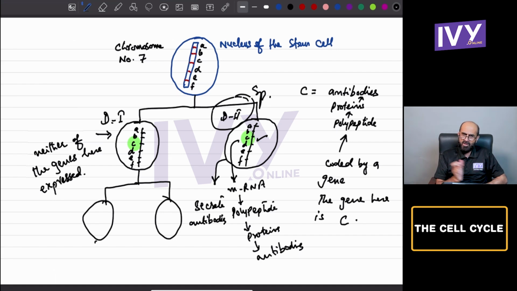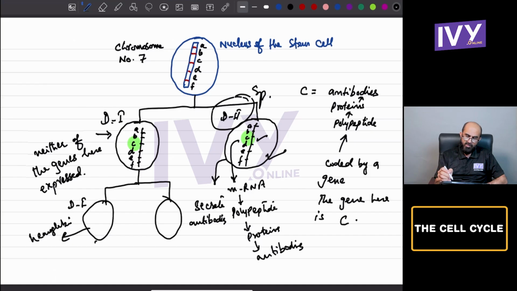On one side, the number of cells is increasing, and on the other, the function is being performed. Maybe another stem cell expresses another gene, like the gene for hemoglobin. This is daughter cell 1 of the previous one, and it expresses a gene for hemoglobin. Hemoglobin is a protein, and protein is formed from polypeptide, so there will also be a gene for hemoglobin.